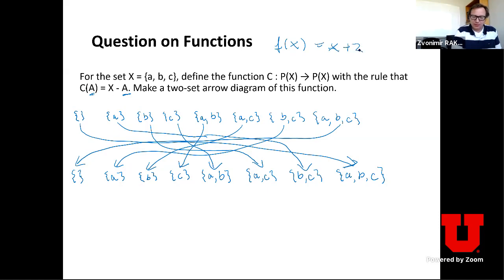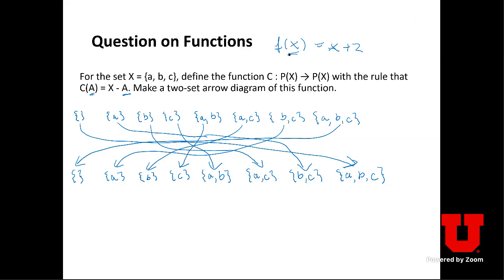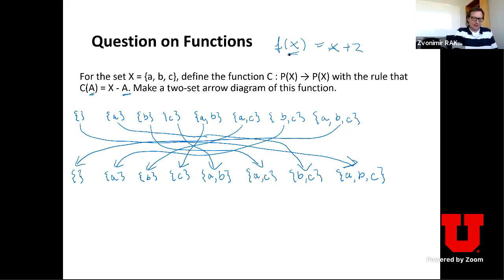So this is the rule for function f. So here we have this rule for function c, and this capital A here is basically the same as this x here. It's just a variable that we use to define the rule. Any other questions? Is lowercase a an element or a set? Lowercase a is an element of x, and uppercase A is a set.